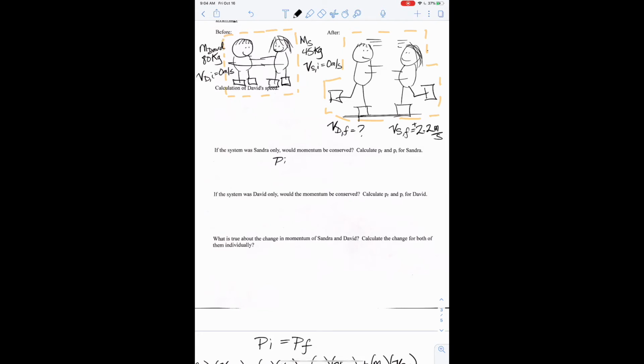So if we look at Pi of Sandra, we see that it's not equal to the PF of Sandra. Why is that? Well, initially, Sandra had zero momentum, 45 times 0 for the initial, I can write that out.